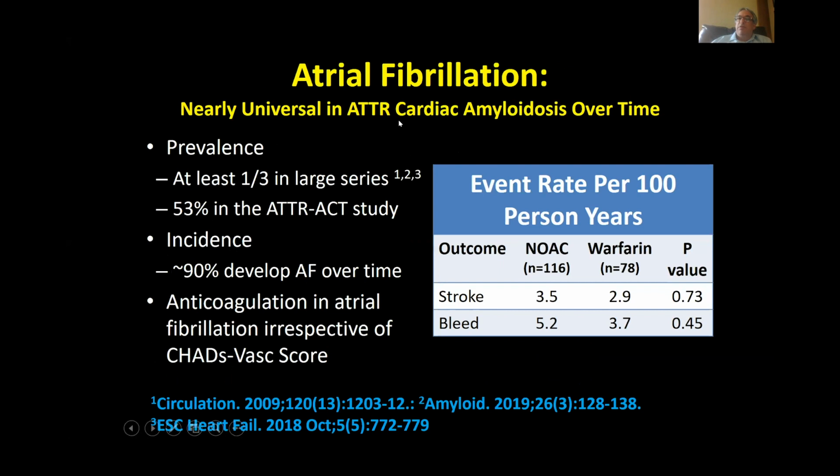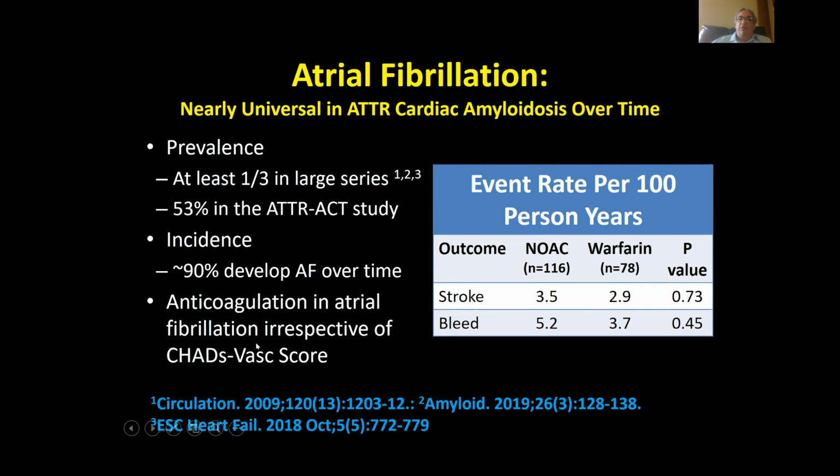Universal in patients with transthyretin amyloidosis over time is atrial fibrillation. In large series, at least a third of the patients in the ATTR-ACT trial, half of them at the onset had atrial fibrillation. And in our experience following hundreds of patients, it's, like I said, nearly universal.